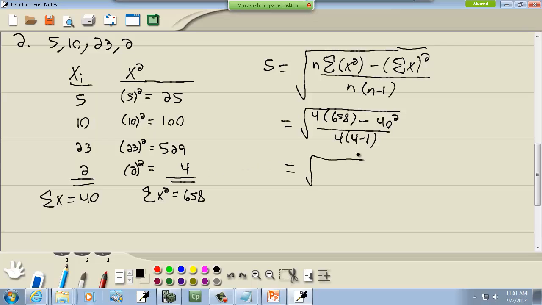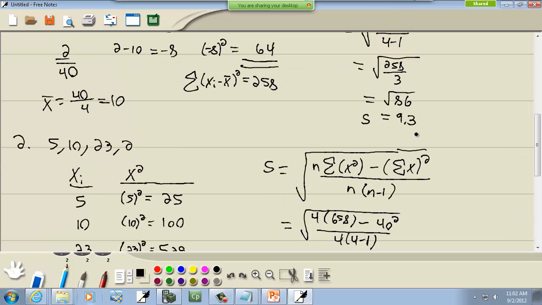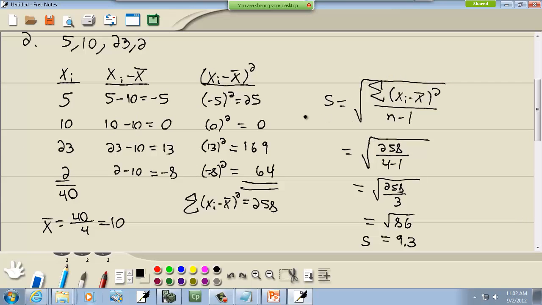So 4 times 658 minus 40 squared is 1032. And 4 times 3 down below gives us 12. And the square root of 1032 divided by 12 gets 9.3. And that's our sample standard deviation, which matches what we have here. But again, we didn't have the possibility of the x bar giving us some nasty decimals.